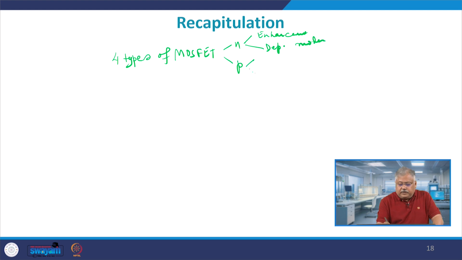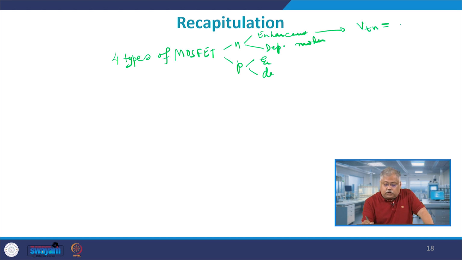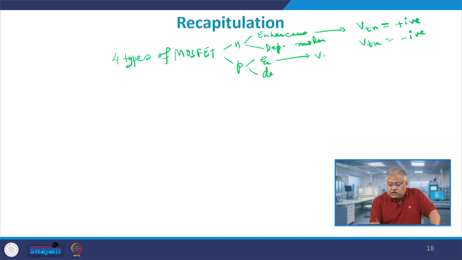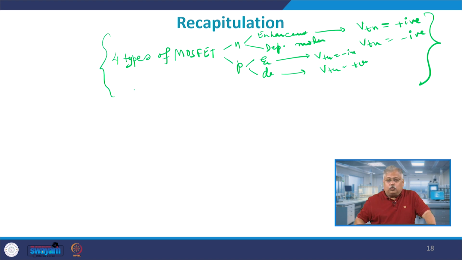The same happens for P channel, enhancement and depletion. For an N channel enhancement, the threshold voltage is always positive, whereas it is always negative in the case of N channel depletion. For P channel enhancement, the threshold voltage is always negative, whereas for depletion mode, it is always positive. I leave it as an exercise for you to verify this from any standard book.